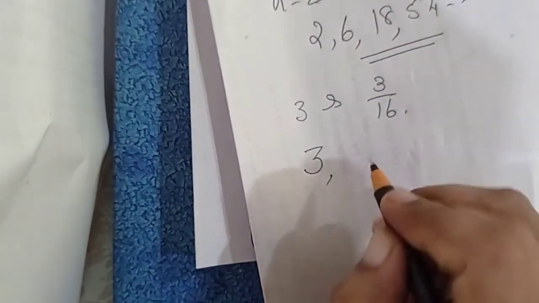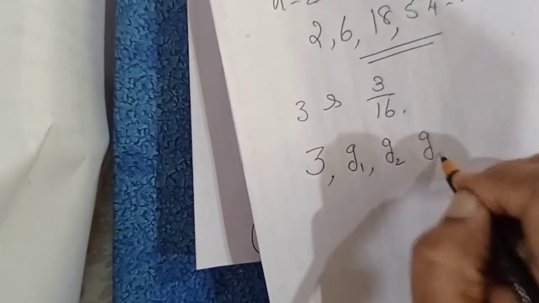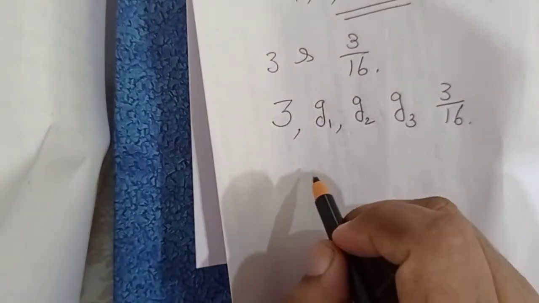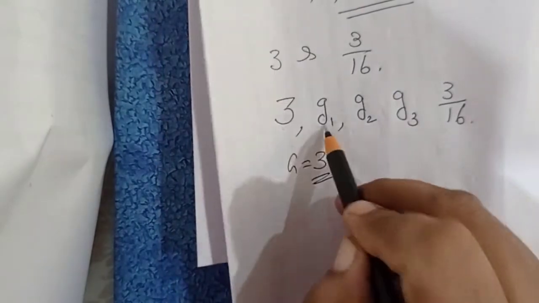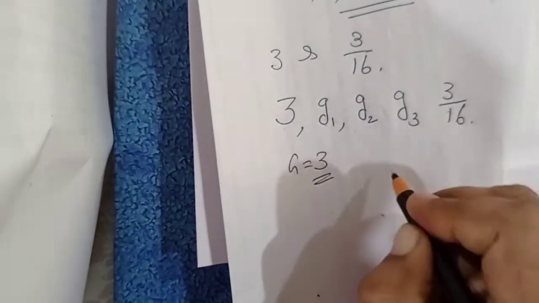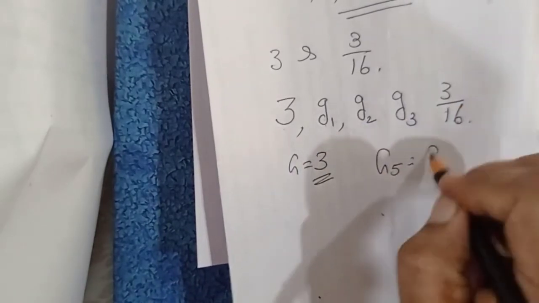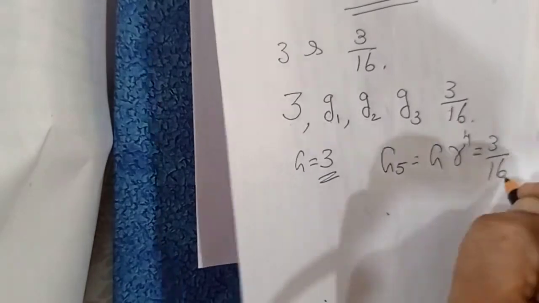Then insert 3 geometric means, therefore G1, G2, G3, then the next one is 3 by 16. Therefore, equating, you will get a is equal to 3, right? 1, 2, 3, 4. Fifth term is a_5 equal to 3 by 16, means a into r raised to 4 equal to 3 by 16.